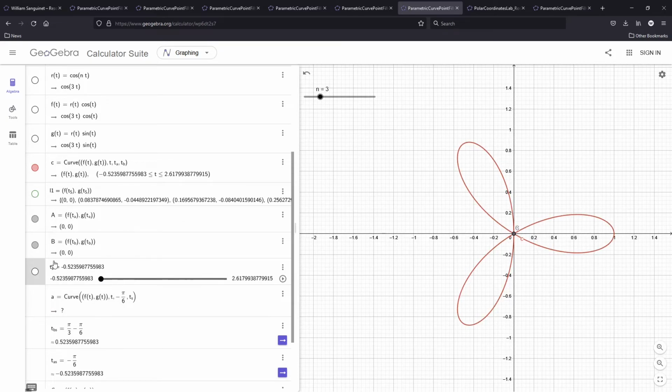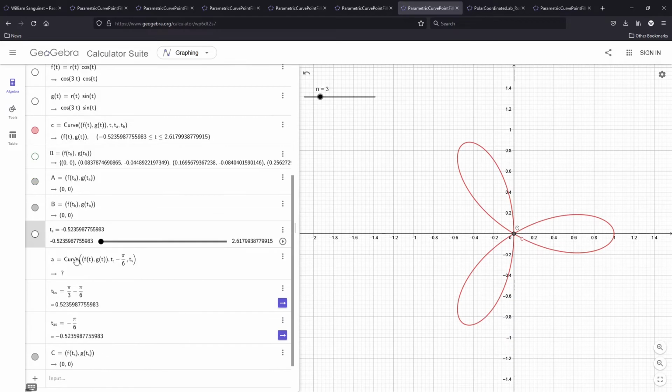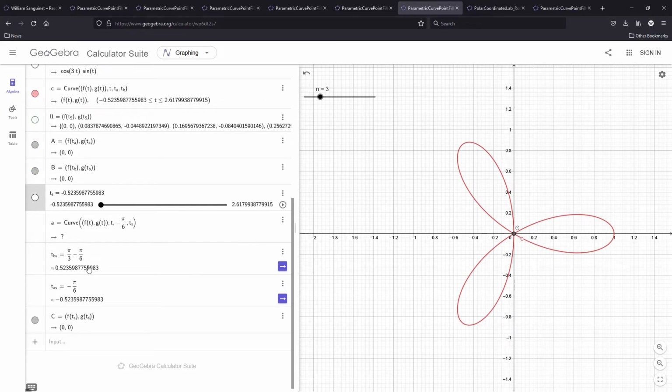And one of the important things that we're going to do in the next few lectures is figure out how to deal with both derivatives, tangents to parametric curves, and also integrals. So try to find the area of regions like this using the definite integral. So for instance, say you want to find the area of an individual petal of this curve.